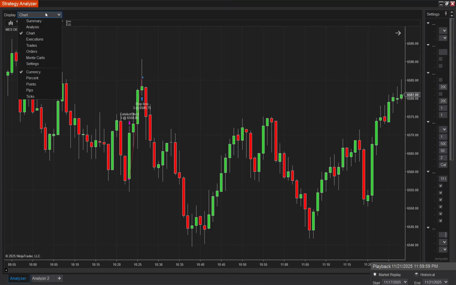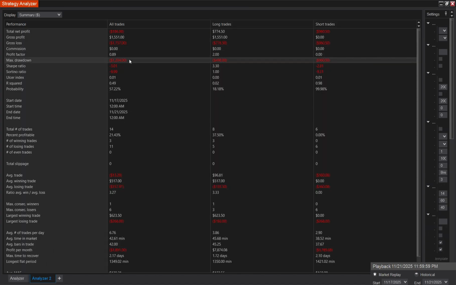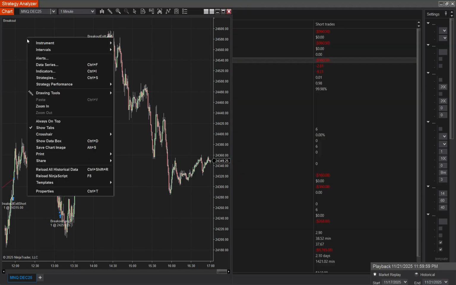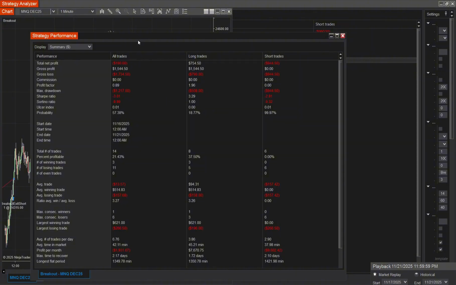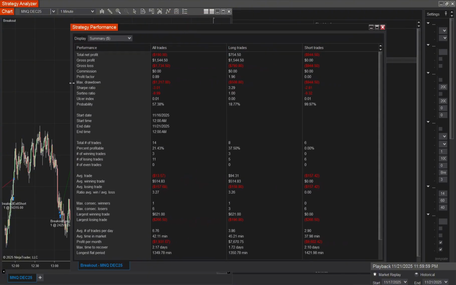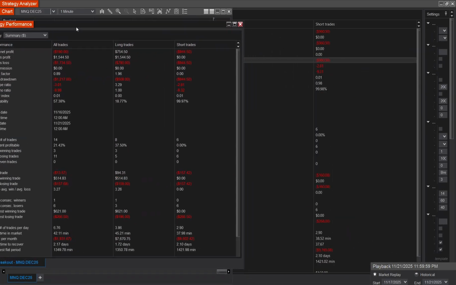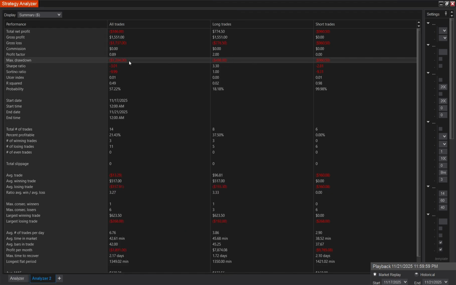So that is Catalyst, and then we can go to Breakout. 186 negative. This is very similar. 190. We'll collapse that a little bit. 190 profit, negative 190 profit, and 1200.